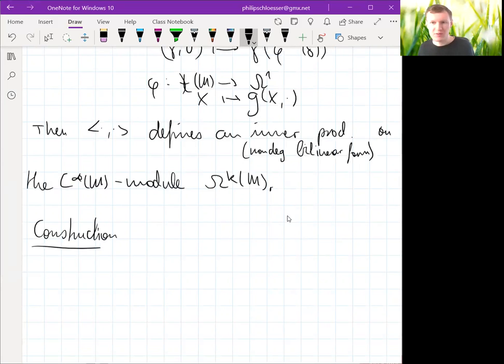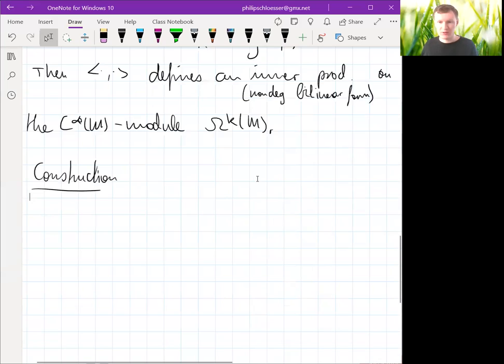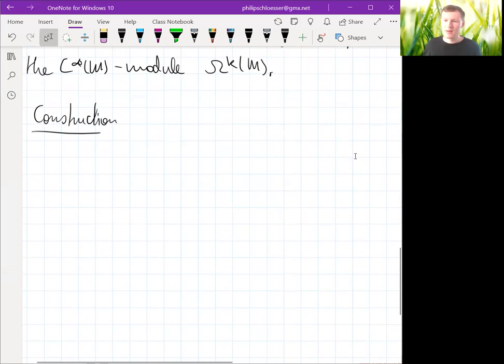And well, now comes the big construction where we try to construct the Hodge star. As I've said, we have a Riesz-Fréchet type result.